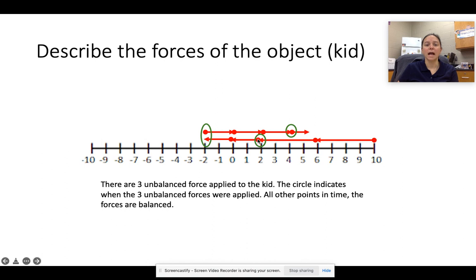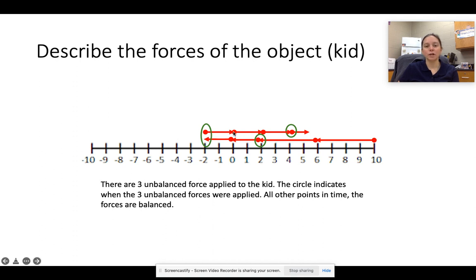Now on this one, I have the same length, so the velocities are the same. But if we look here, this is actually changing direction. And remember, a change in direction results from an unbalanced force. Because this changed directions, I have an unbalanced force, even though the velocity didn't change.